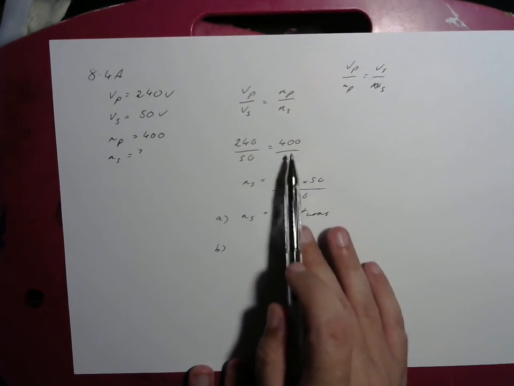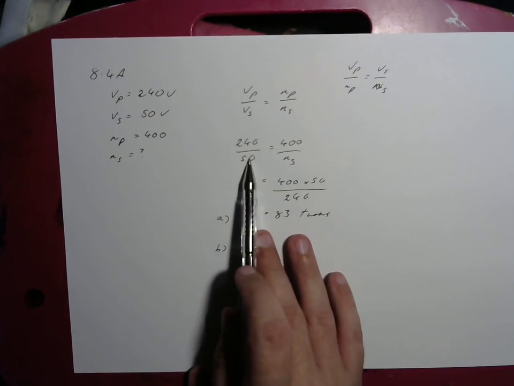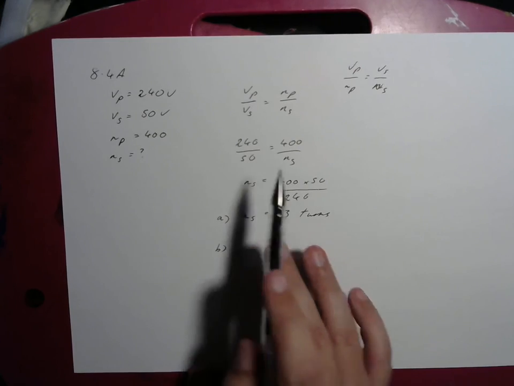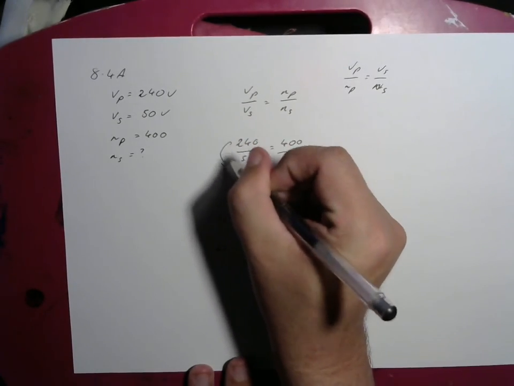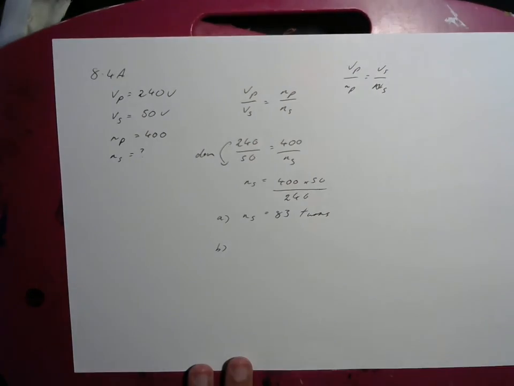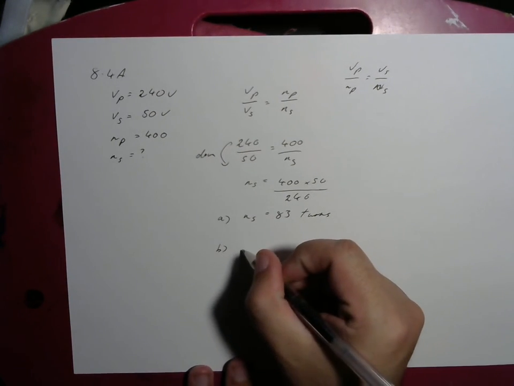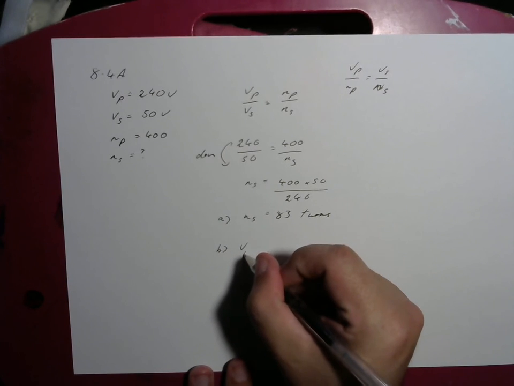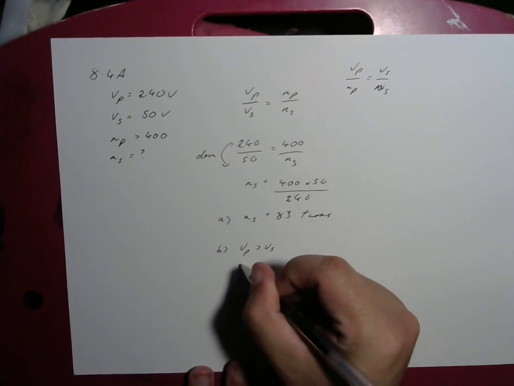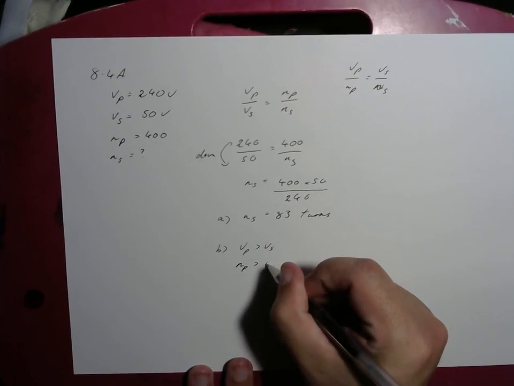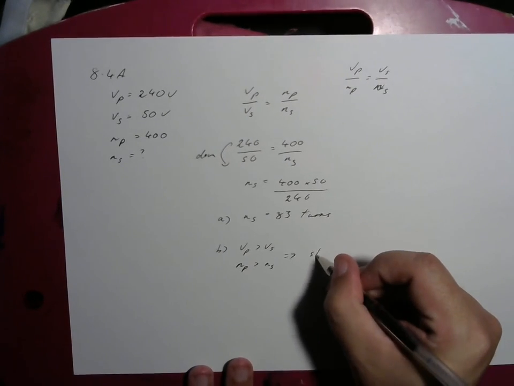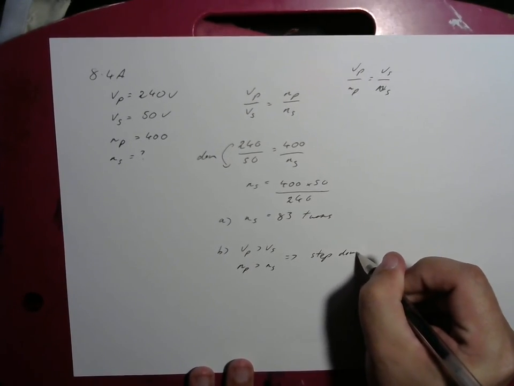So we don't need this information to work out step down. 240 down to 50, that's why it's called a step down. Okay, the voltage is going down, therefore it's a step down. So we can write it a couple of ways: Vp greater than Vs, or Np greater than Ns, therefore step down.